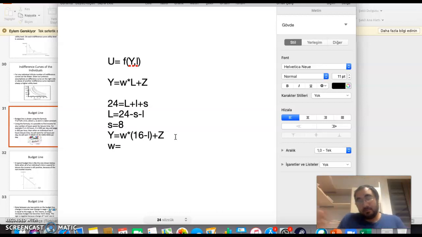Z again might depend on the state policies or, for example, the family of the person or wealth the person owns. But usually at the decision, it is not a factor on which our individual will decide.